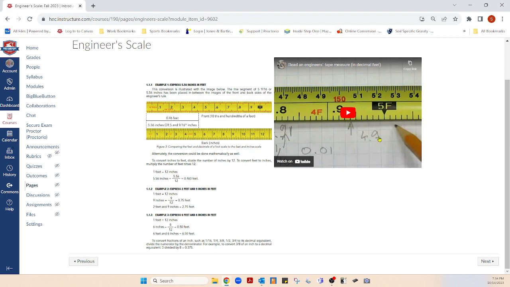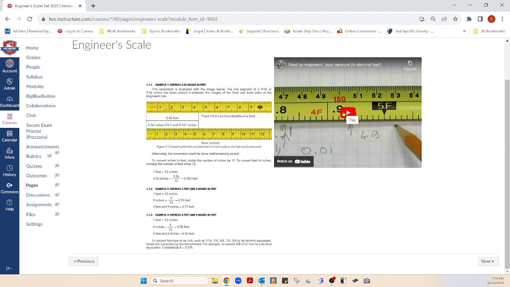I don't know if that's a 9 or a G, but if you're in the 4-foot range, and that's what he's telling them, this will be 4.9. Yeah, that's what it's got written. 4.9 feet.